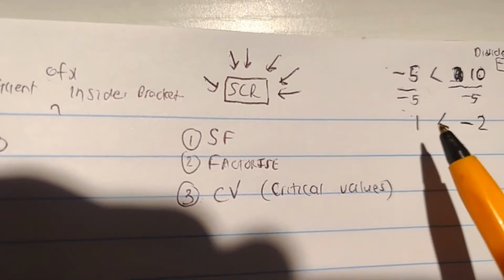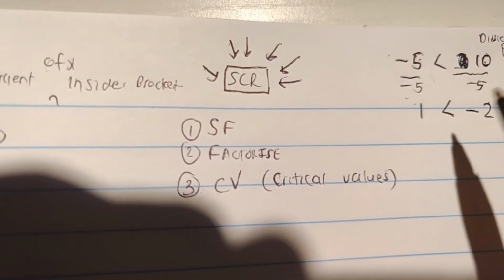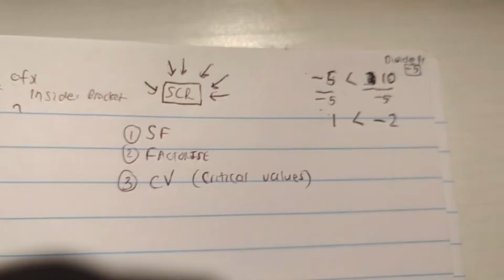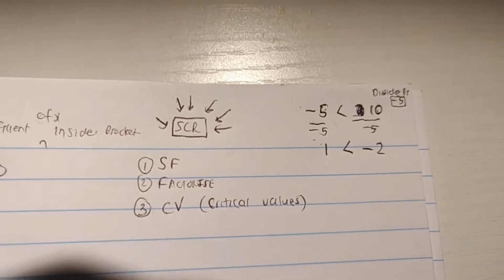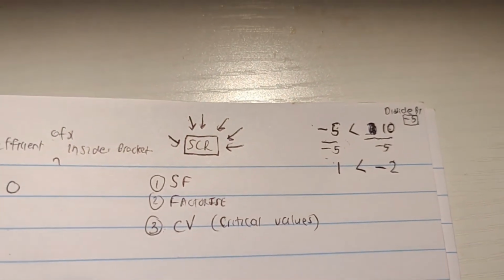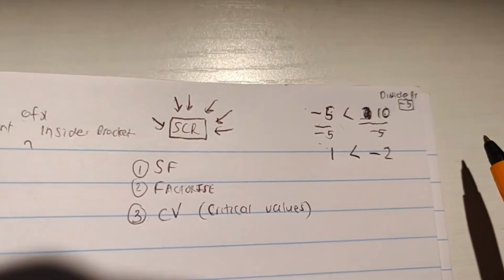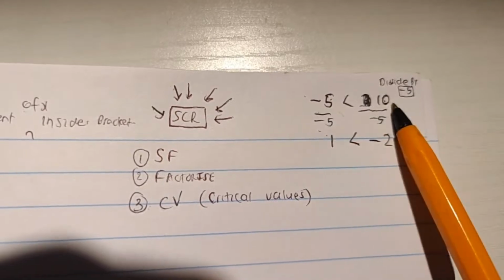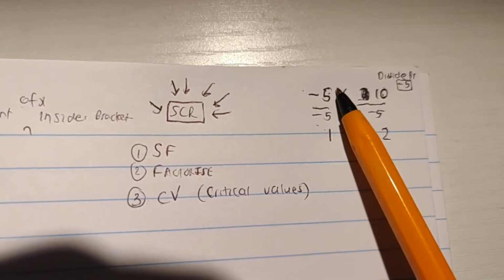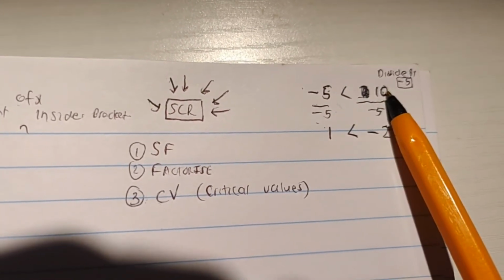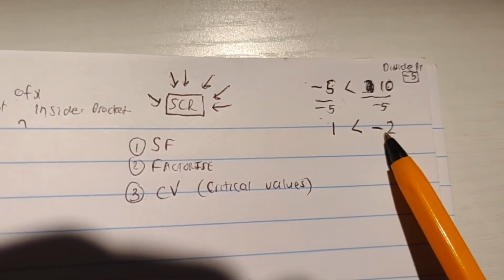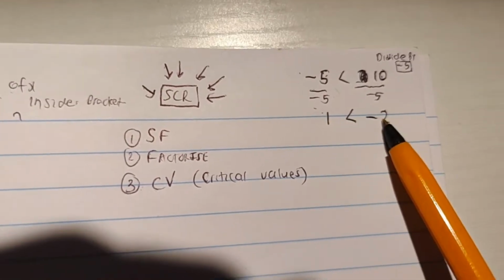My question is, is this statement true? Is 1 less than negative 2? Is that a true statement when it comes to numbers? Is 1 smaller than negative 2? I divided by negative 5 both sides for the numbers that we had initially, negative 5 is less than 10, so the resulting answer is 1 less than negative 2.